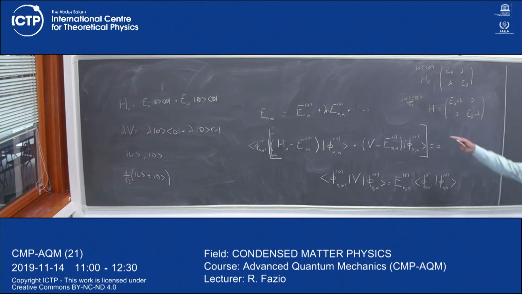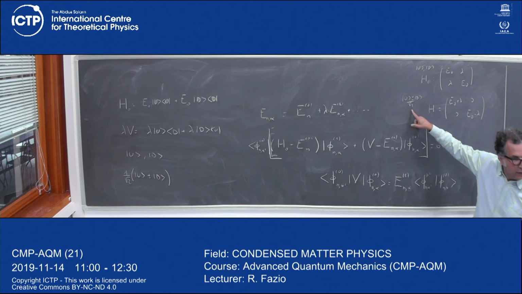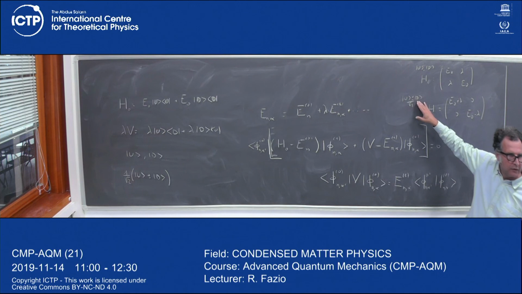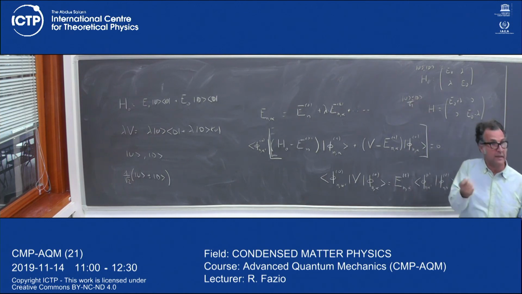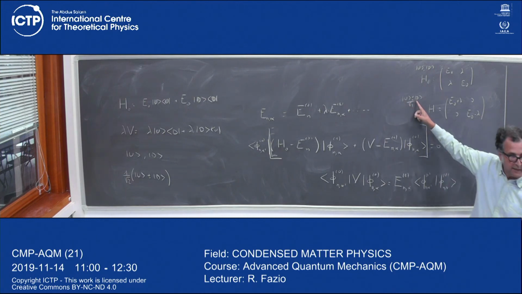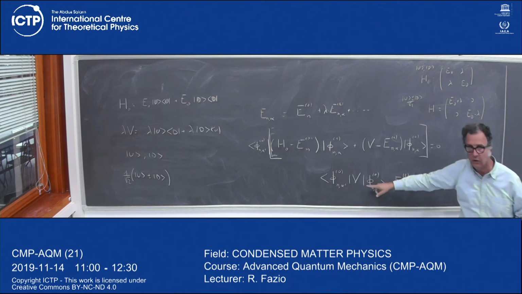So in this case, you just diagonalize exactly. You see that there is a particular basis which diagonalizes the perturbation. This means that if you choose up plus down and up minus down, this is the first step in which you lift the degeneracy by just choosing a basis that diagonalizes V.